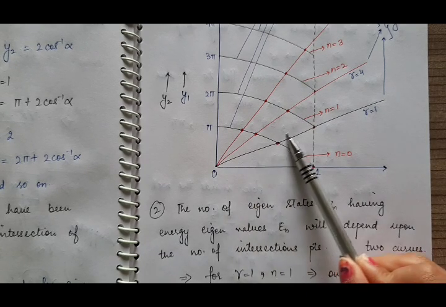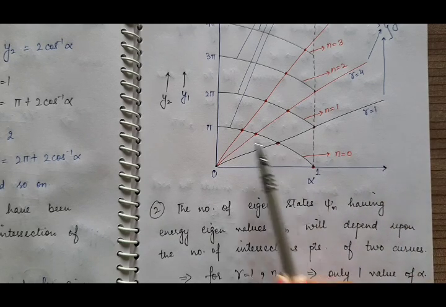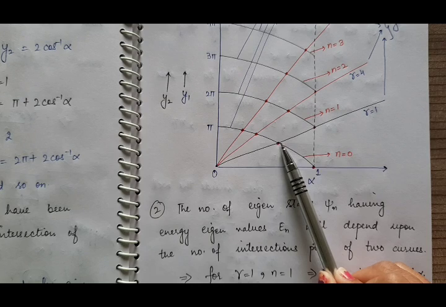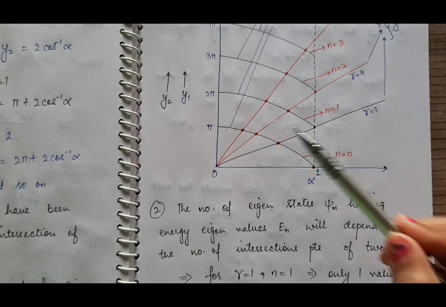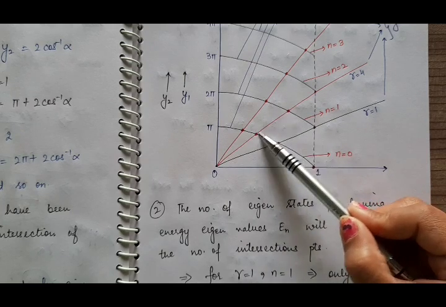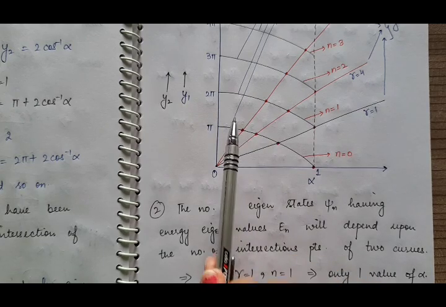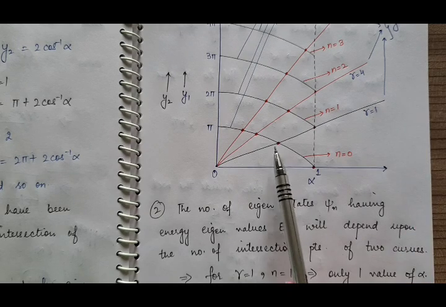This is having only one intersection point, so only one value of alpha. Then for the next, gamma is equal to 4 and n is equal to 2. They have two values of alpha, these two. Now see, corresponding to n is equal to 1 and gamma is equal to 1, there is only one point.